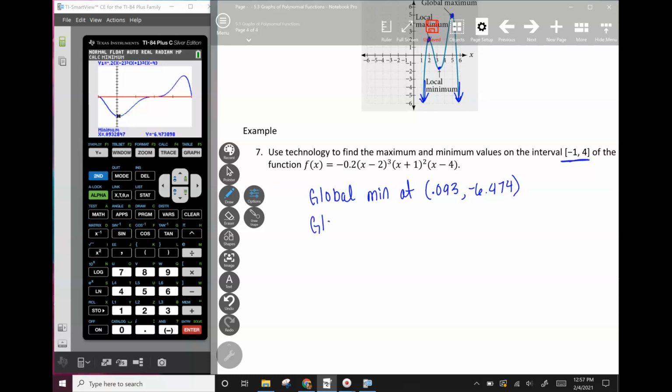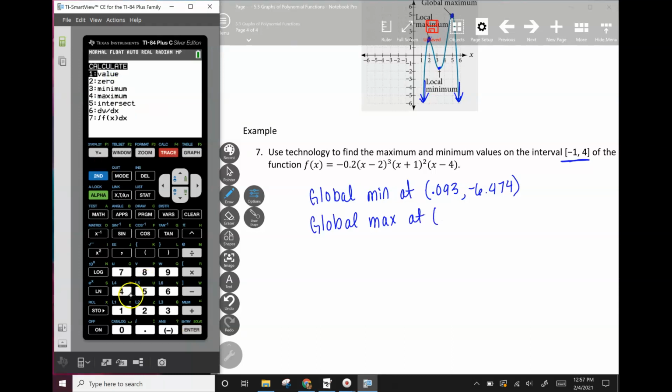Okay, and then we have a global maximum. Let's find that one. So we'll hit second trace 4 this time to get maximum. We're going to have to scoot all the way over until you get to that maximum. So it's going to take a second. First you're going to hit enter just to the left of that maximum.